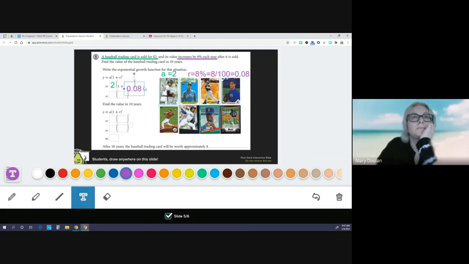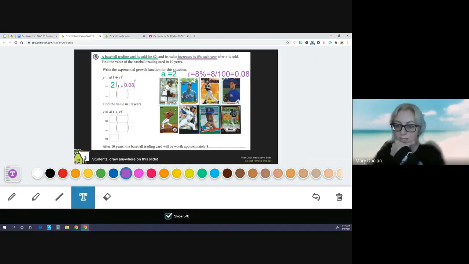0.08 goes here. I'll make that a little bit smaller. Okay. And then the next step is what Mauricio has here. This is the value of B that he put, 1.08. If I add 1 and 0.08, I do get 1.08.